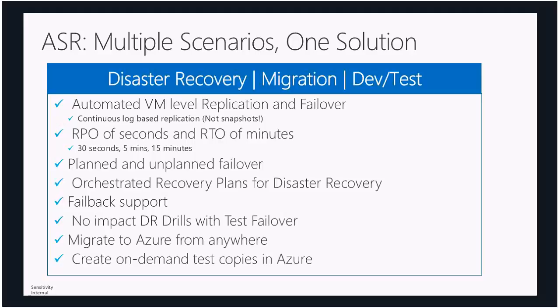In the tool, there's a test failover mechanism you can use that will bring up a virtual machine in Azure and attach the replicated disks and data, so you or your devs or your end users can go and test it and confirm, yes, my application is up and running, it's responding the way it's expected to.